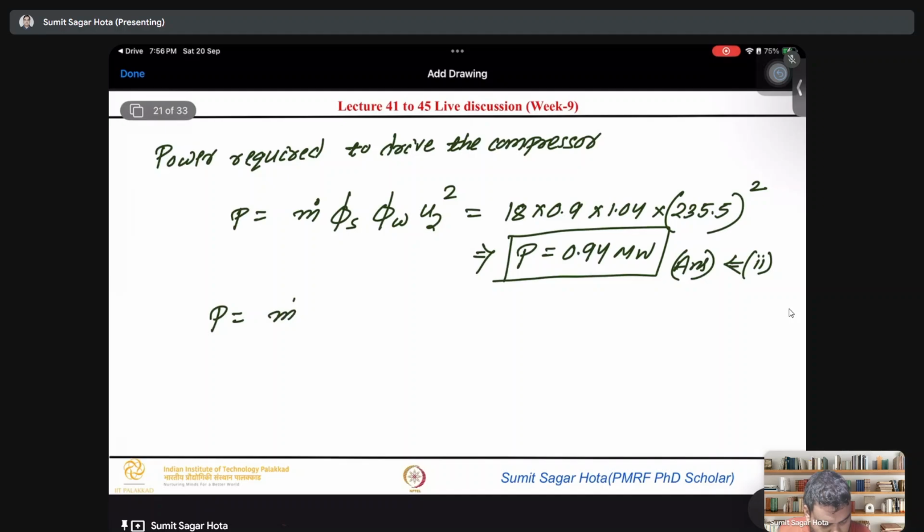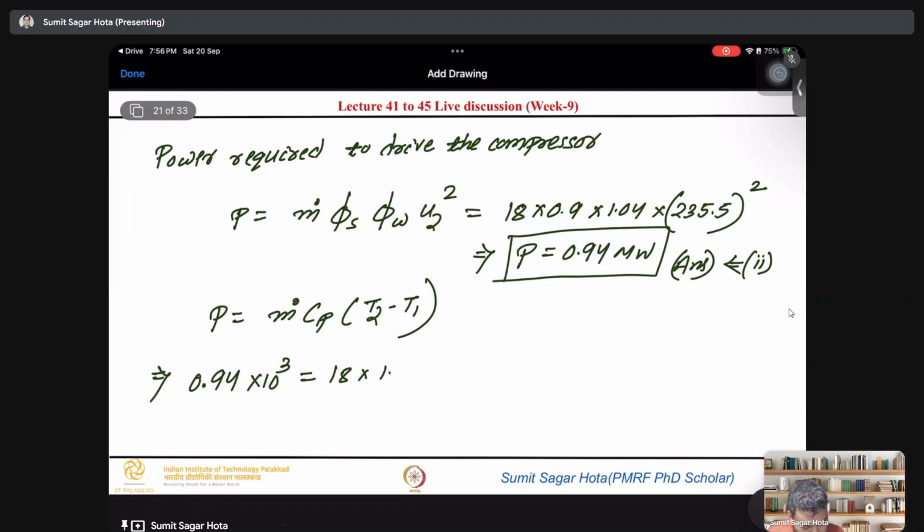P is equal to m dot Cp (T2 minus T1), equal to 0.94 into 10 to the power 3 is equal to 18 into 1.005 into (T2 minus 295). So T2, if you solve it, you will get T2 value as 347 Kelvin.